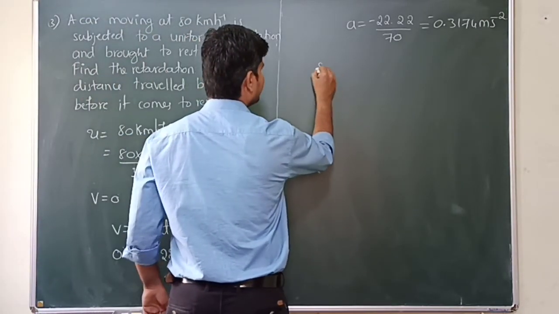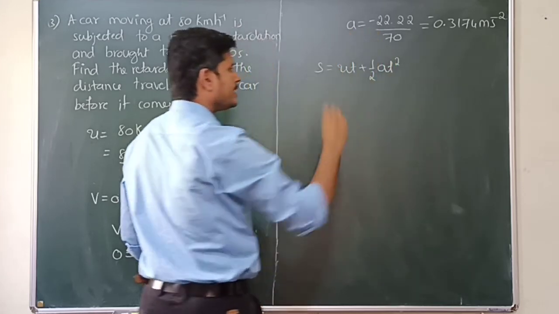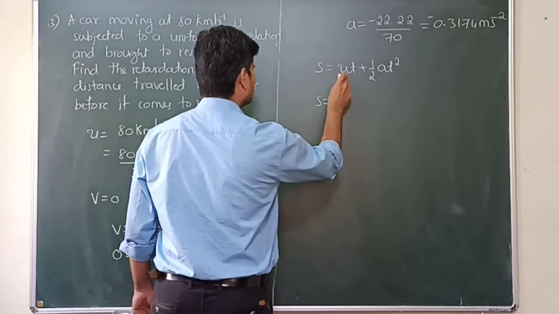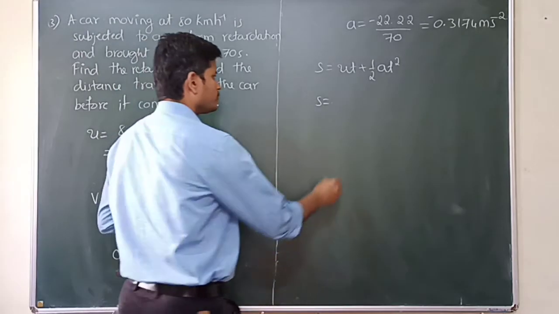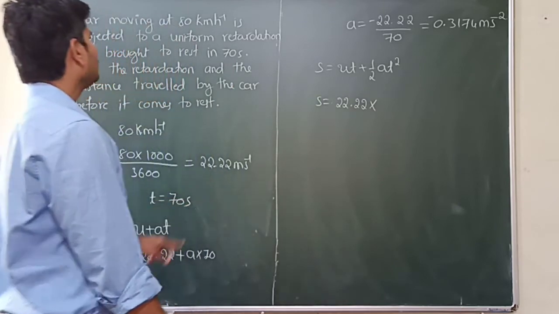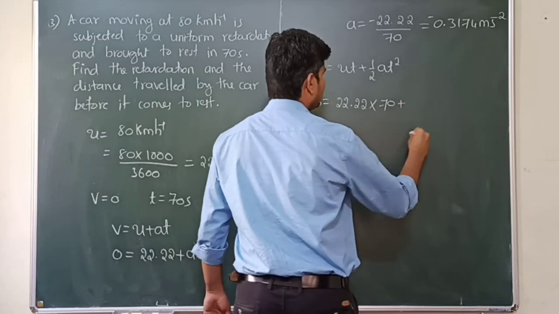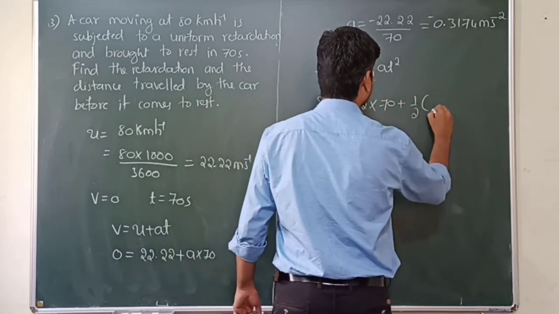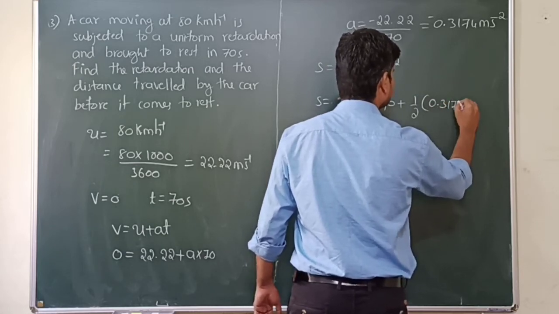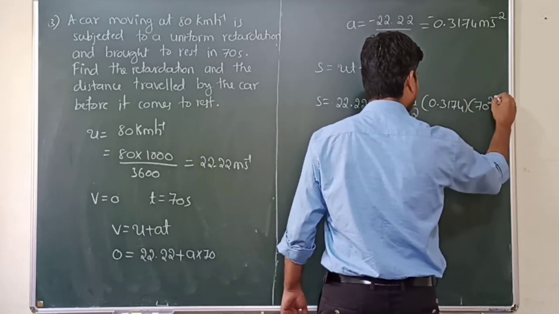To calculate the distance, I will use s equal to ut plus half at square. S equal to initial velocity, 22.22 into t, t is 70, plus 1 divided by 2 into acceleration, minus 0.3174 into t, 70 square.